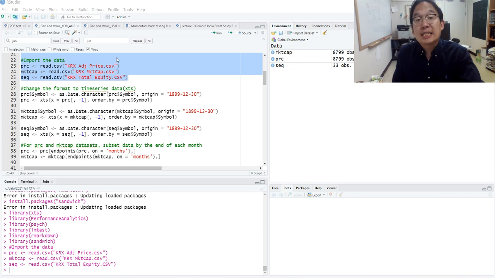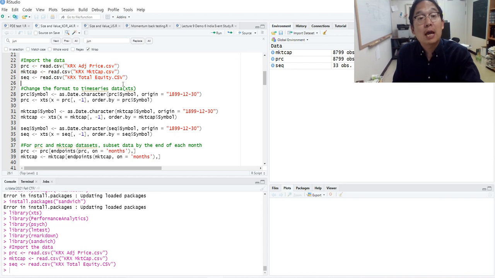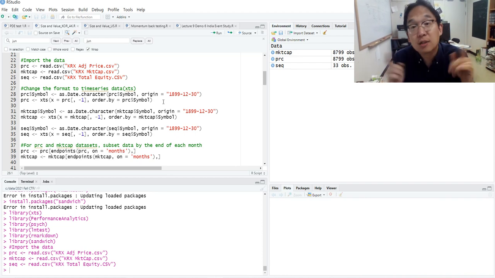Okay, so the next thing that you have to worry about after importing these data is to make sure those date variables, whether you call it index in this data set or date variable, it doesn't matter. But just to make sure, we have to make sure all these things are recognized by the computer as dates correctly.